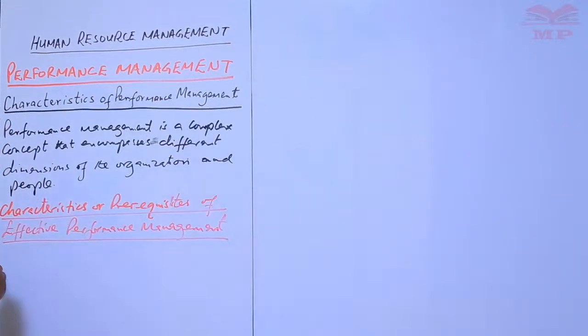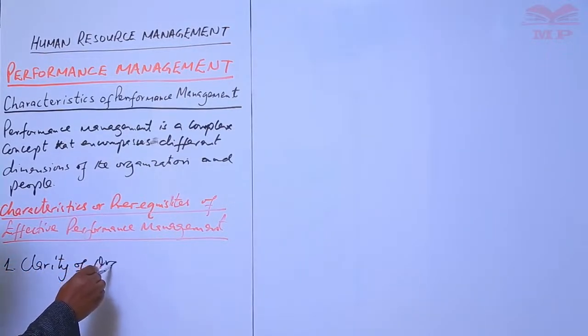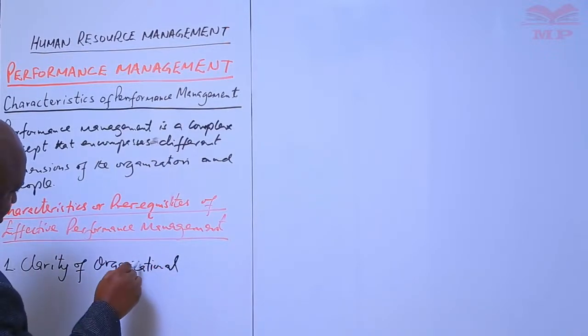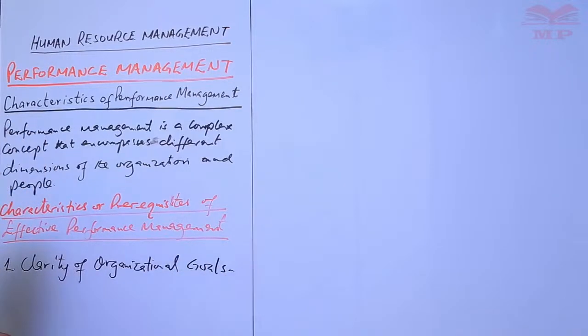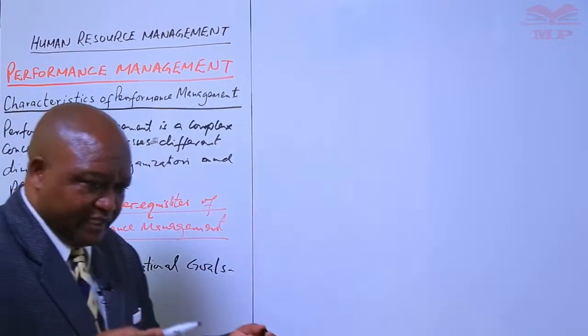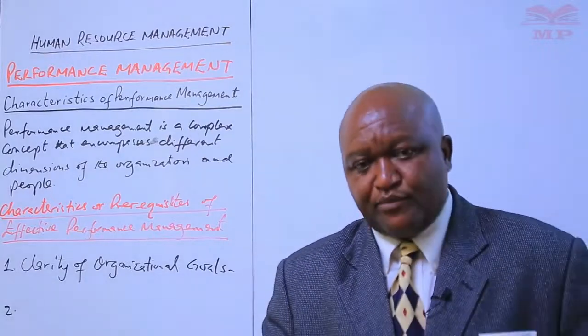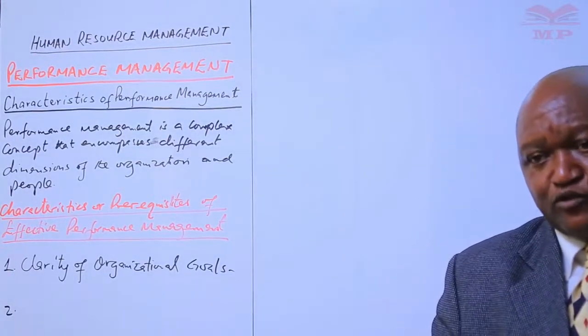So one, clarity of organizational goals. So Lana, because ultimately the performance that we are looking at, even if you are looking at the performance of the individual, you are looking at the objectives of the individual.